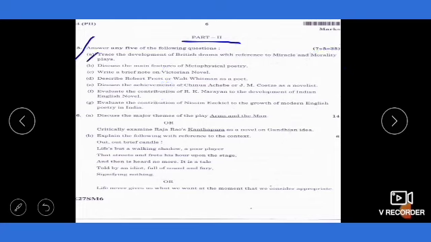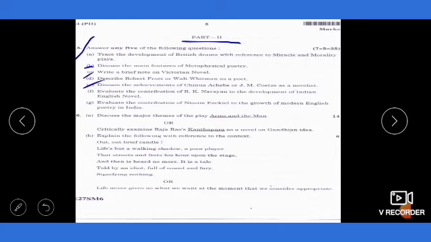A. Trace the development of British drama with reference to miracle and morality plays. B. Discuss the main features of metaphysical poetry. C. Write a brief note on the Victorian novel. D. Describe Robert Frost or Walt Whitman as a poet.